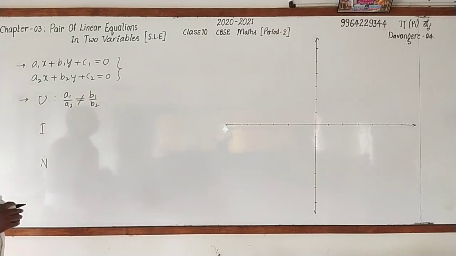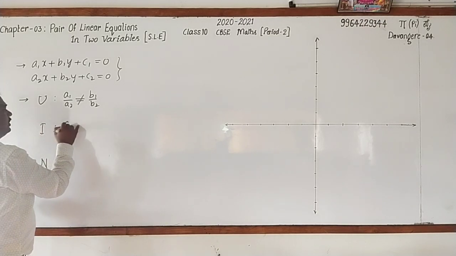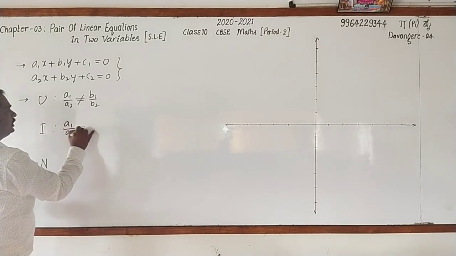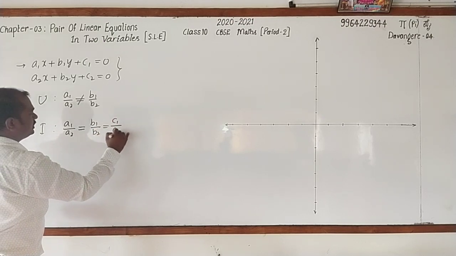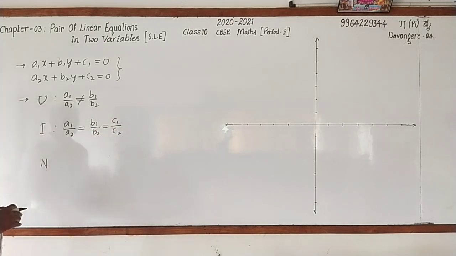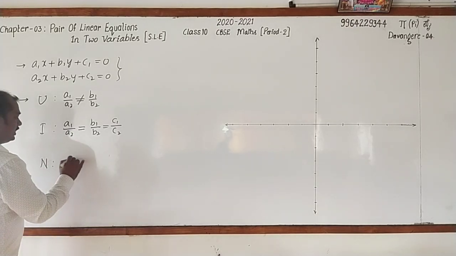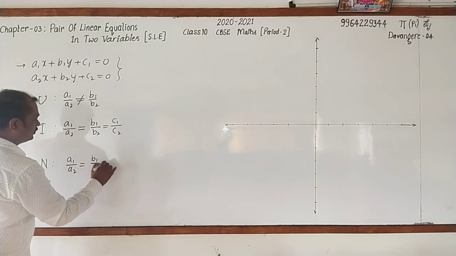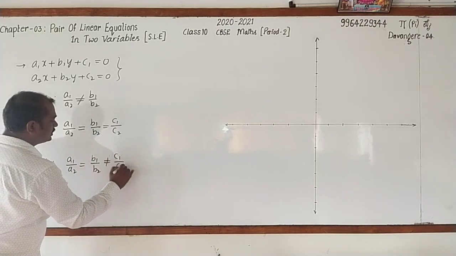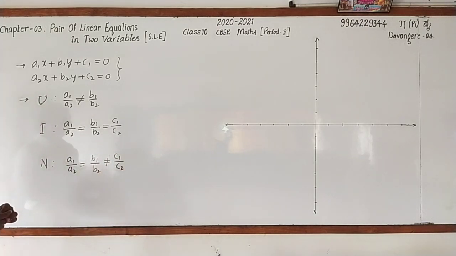What about infinitely many solutions? It is a1 by a2 is equal to b1 by b2 is equal to c1 by c2. And for no solution, it is a1 by a2 is equal to b1 by b2 but not equal to c1 by c2. These are the three conditions with respect to three different types of solutions.